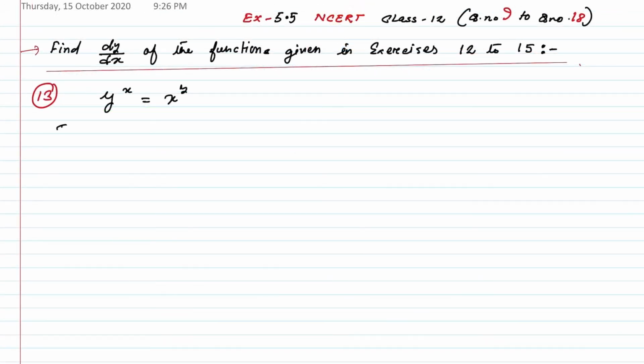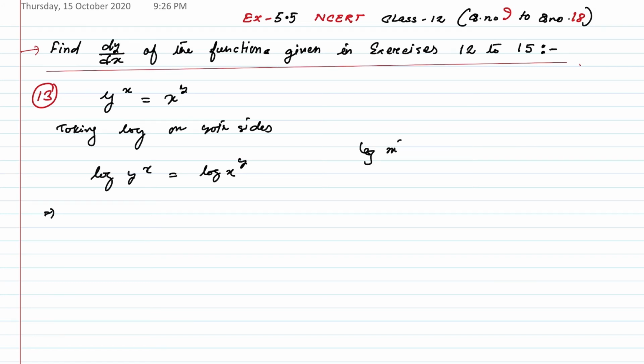Here taking log on both sides. Here we will get log of y to the power x is equal to log of x to the power y. Okay, now using the property of log, we know that log of m to the power n is equal to n into log of m.